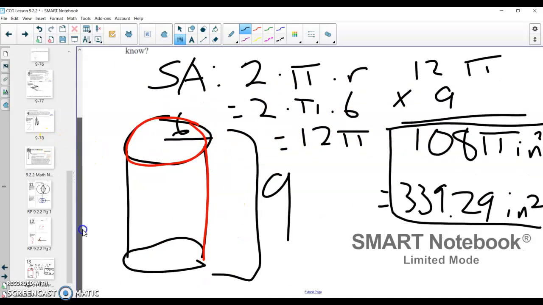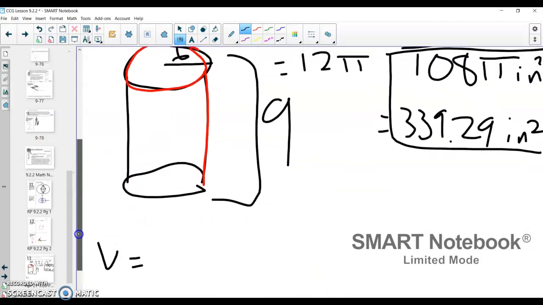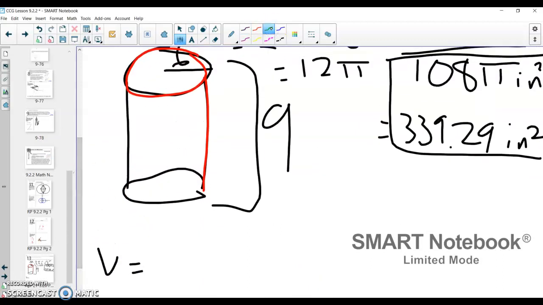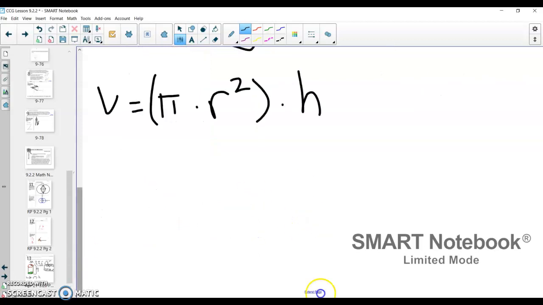Okay, for volume, what I do, instead of circumference, I'll put this in green, I find the area of the top or bottom circle, and I multiply that by the height. All right, and area of a circle is pi times the radius squared, and I'm going to multiply that by the height once I have it.